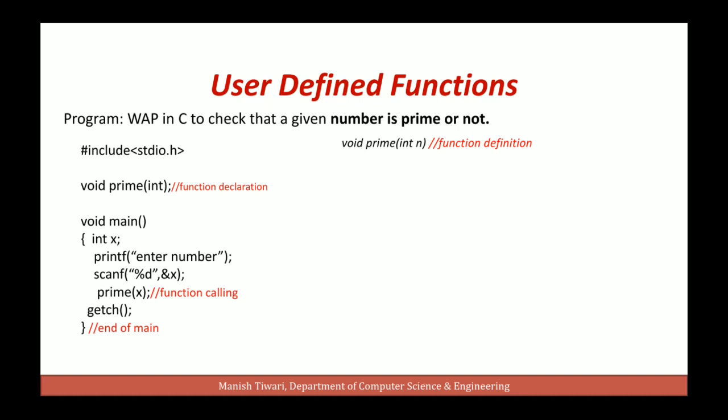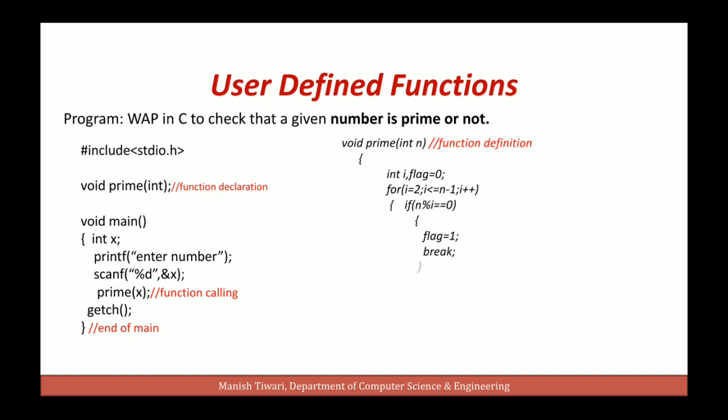So we all know the logic to check whether a number is prime or not. We will take a flag value and set it to 0, and if we find that any number i between 2 and n minus 1 can divide this number n, we will set this flag to 1. So we will divide n starting from 2 to n minus 1, and check if it is divisible by any i or not.